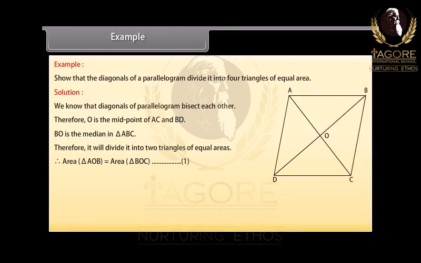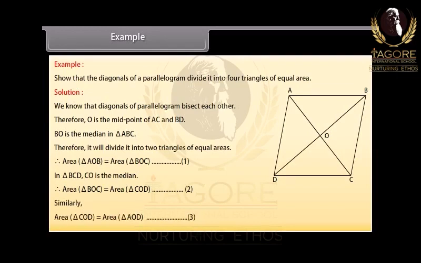Mark it as 1. In triangle BCD, CO is the median. Therefore, area of triangle BOC is equal to area of triangle COD. Mark it as 2. Similarly, area of triangle COD is equal to area of triangle AOD. Mark it as 3.